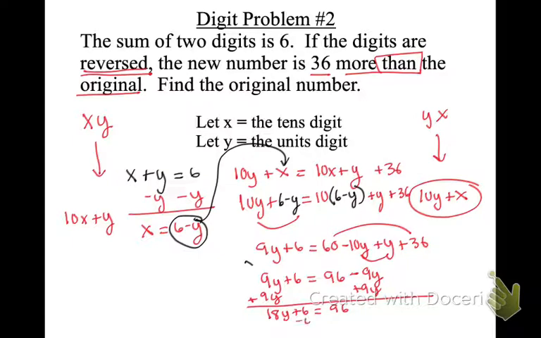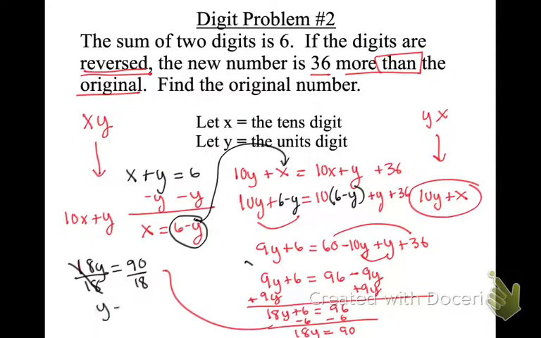Okay, I'm going to subtract 6. 18y equals 90. Bring it back up here. So 18y equals 90. So I'm dividing by 18. And y is equal to, I think it's 5.